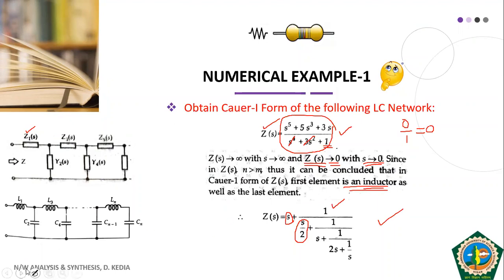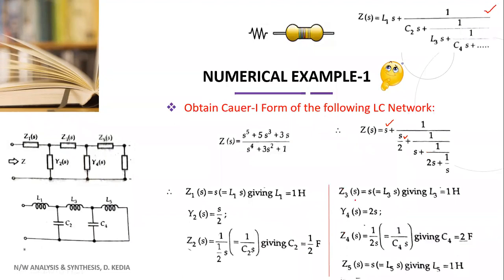Fine. So now let us see. This is what we have represented. This is L1S, and the value of L1 is 1 Henry. You see here, this is C2S, and C2S is S by 2, so the value of C2 is 1 by 2.